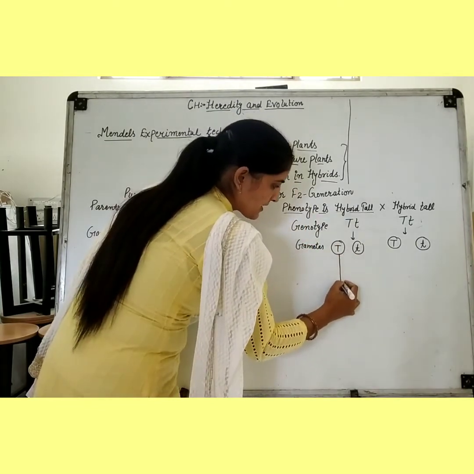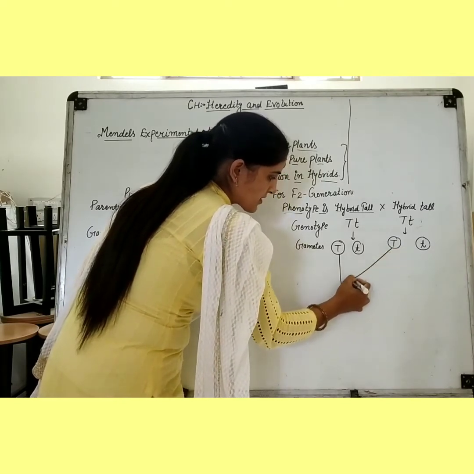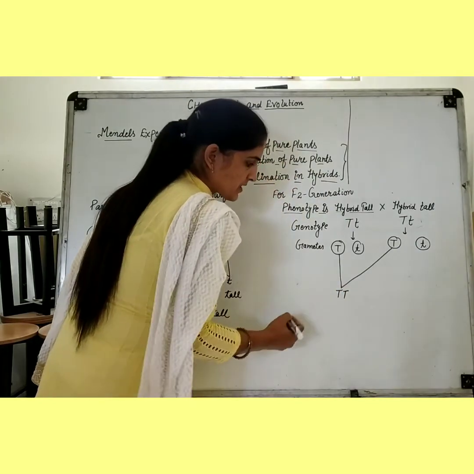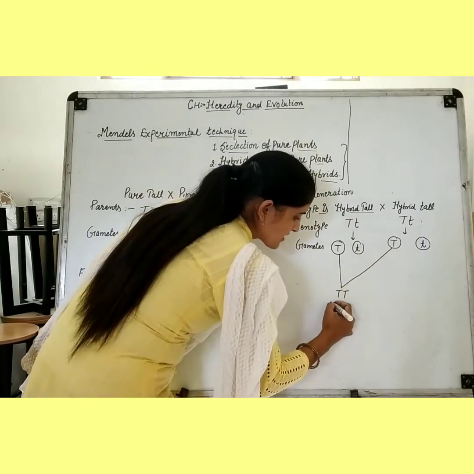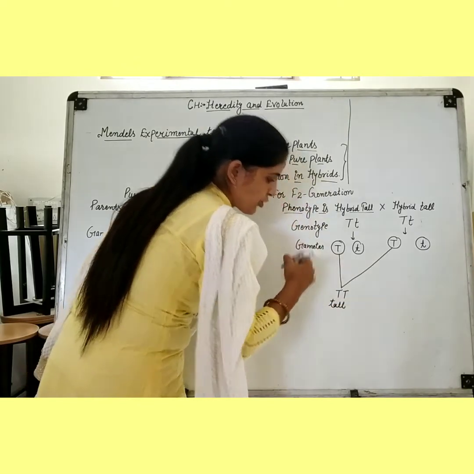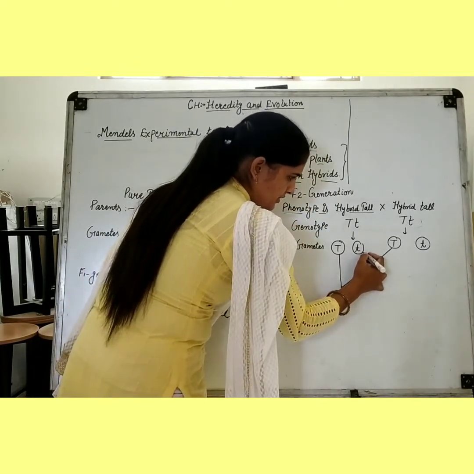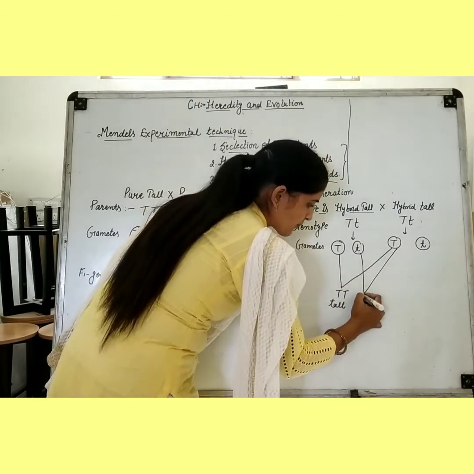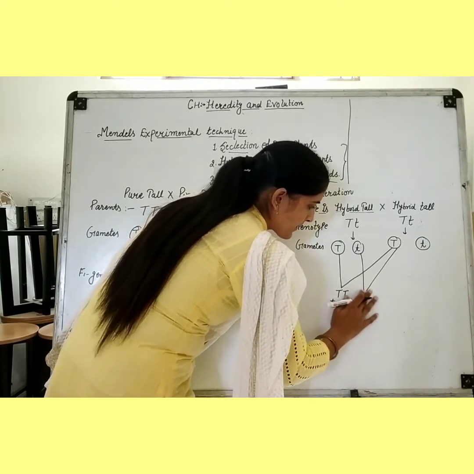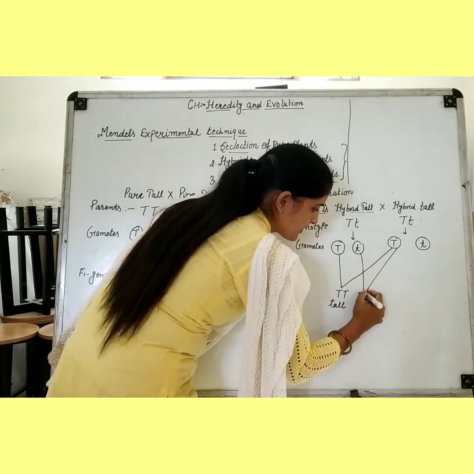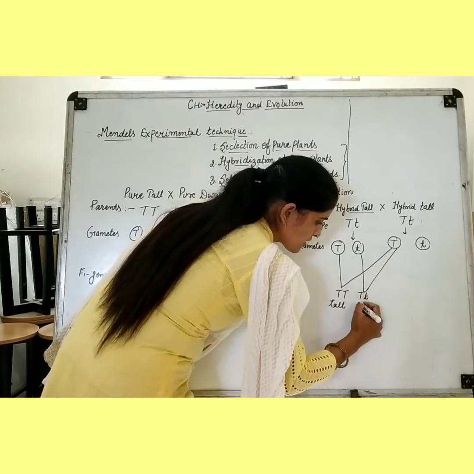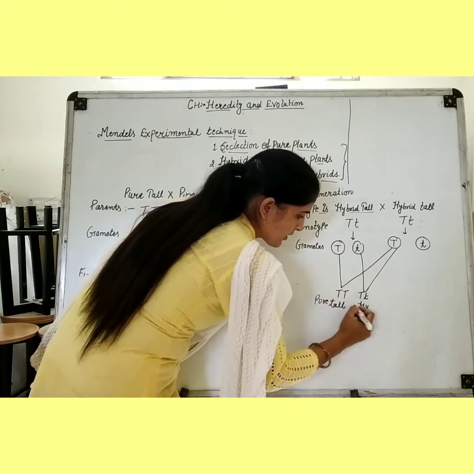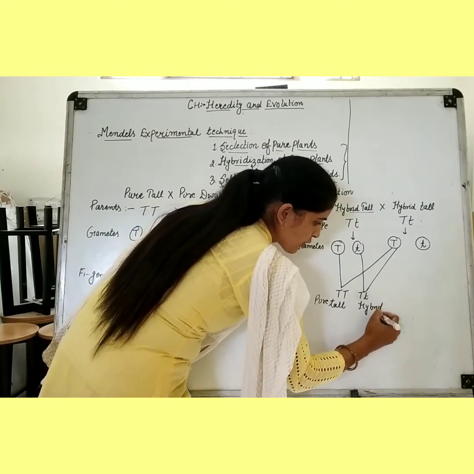When this capital T fuses with this gamete, the offspring has both capital T, and this is pure tall. Here, when this gamete is fused with this again, that will be capital T and small t. This is hybrid tall. This is the pure tall. This is the hybrid tall.